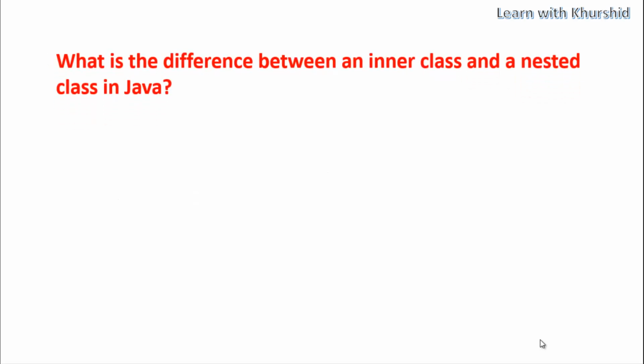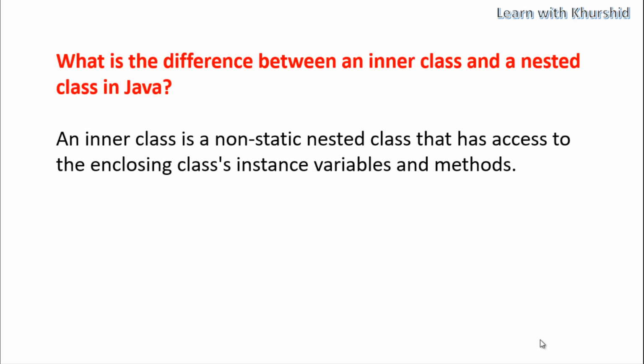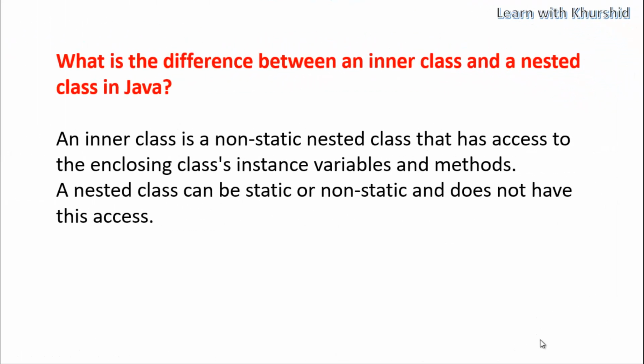What is the difference between an inner class and a nested class in Java? An inner class is a non-static nested class that has access to the enclosing class's instance variables and methods. A nested class can be static or non-static and does not have this access.